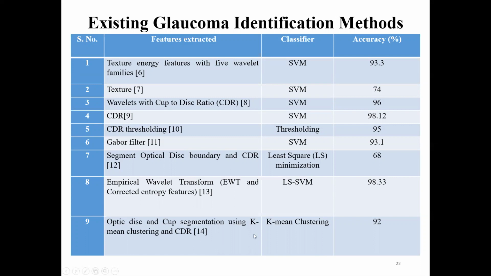Optic disc and cup segmentation using a k-means clustering classifier achieved 92% accuracy. This is related to a particular disease, the first disease called glaucoma identification method.